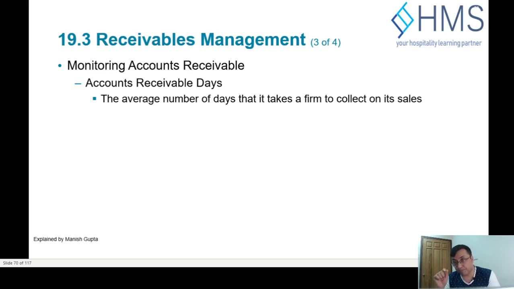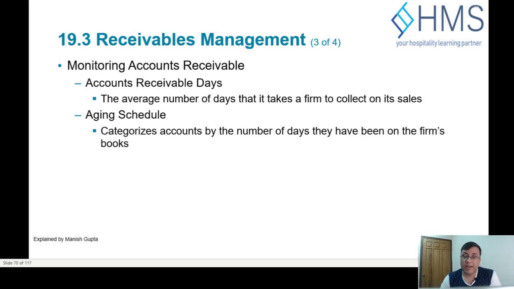Once you know that your average account receivable days is more than your credit policy, then you can go into the aging schedule. How many customers are overdue? That is another way to look at the account receivable days. The aging schedule is a breakdown by number of days of how many customers are overdue and what amounts are overdue.